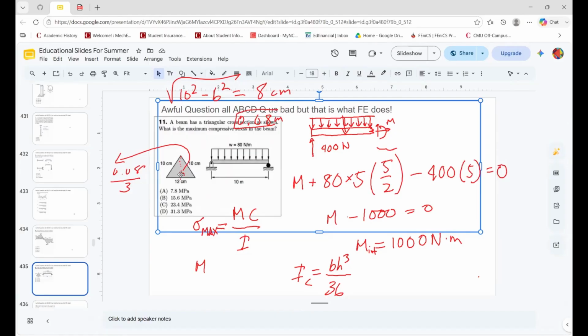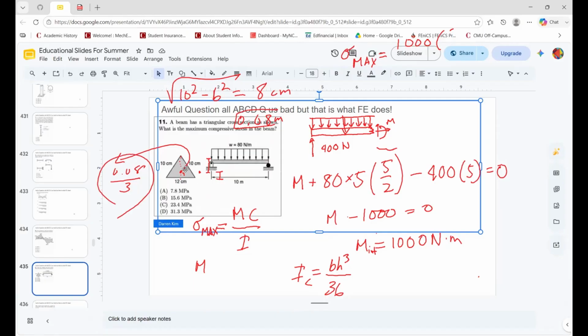Oh, wait. Sorry, I'm wrong here. So here's the thing. It is not C yet. What's happening here is that C is either this one or this one, and you have to figure out which one is max. And to figure out which one is max, it's actually 2 divided by 3, by the way, if you didn't know. Sometimes you have to calculate it, but here it's 1,000.